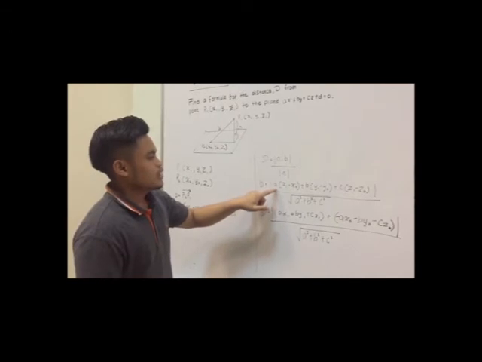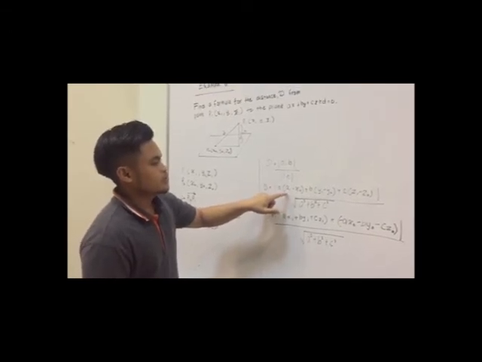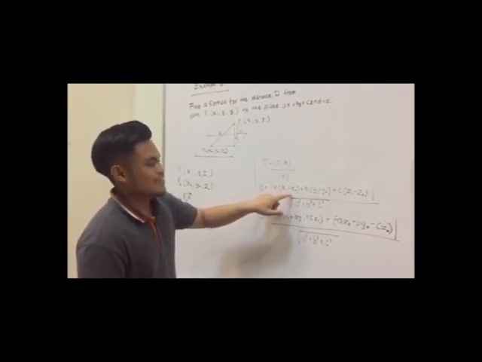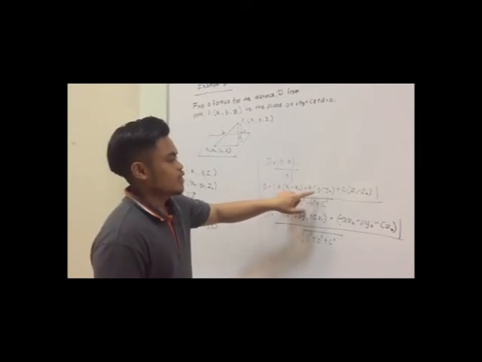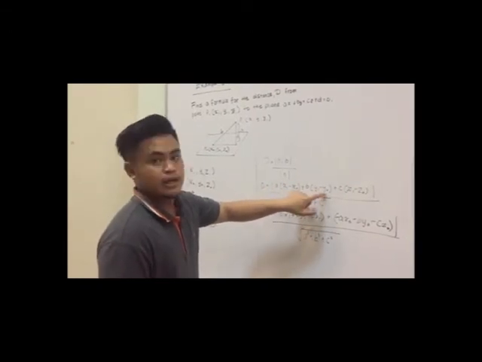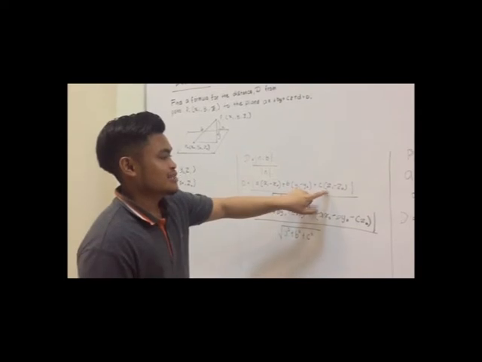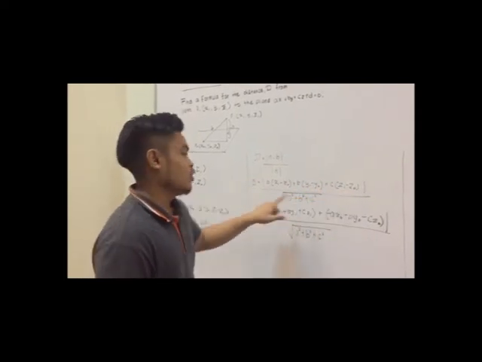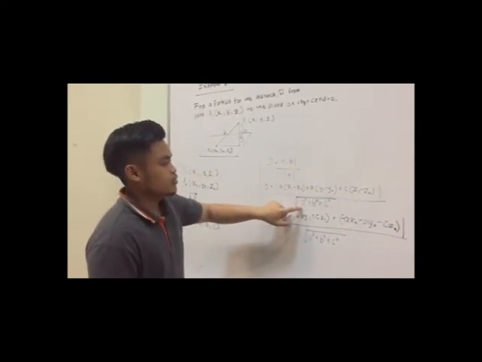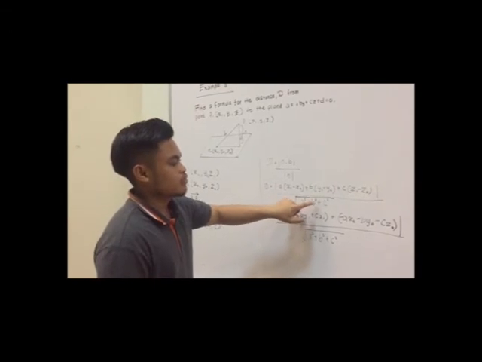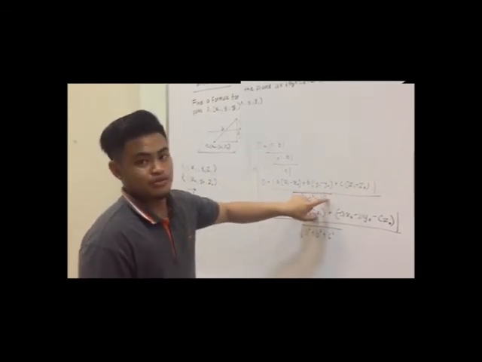So firstly, A multiplied by x1 minus x0, plus B times y1 minus y0, plus C times z1 minus z0, over the square root of A squared plus B squared plus C squared.